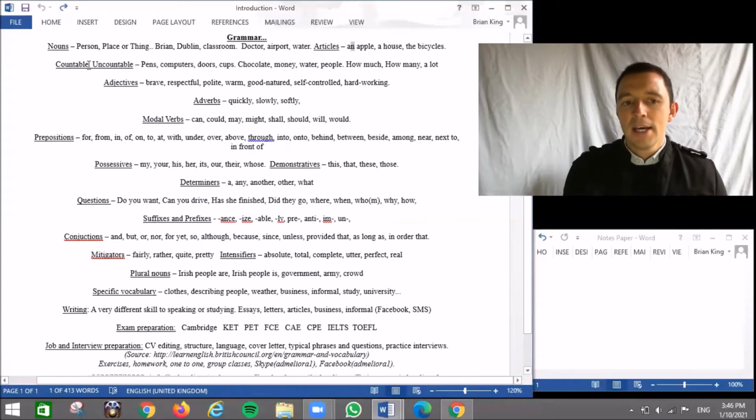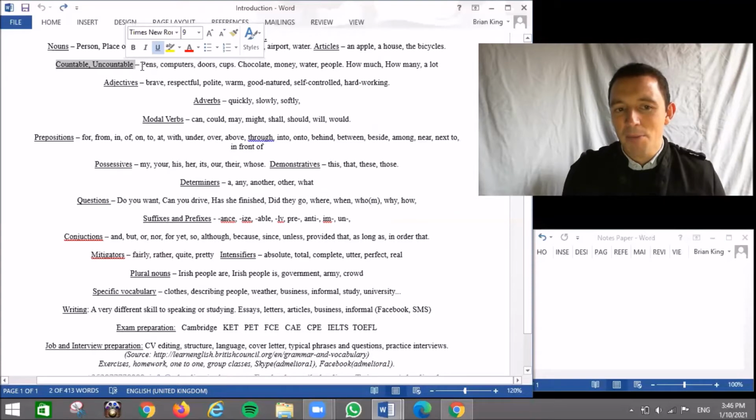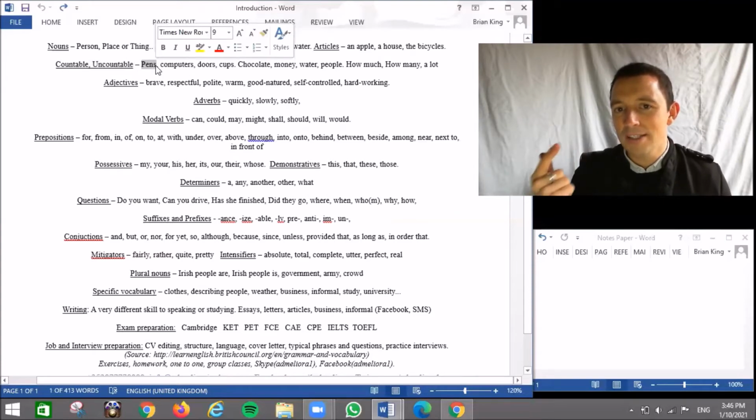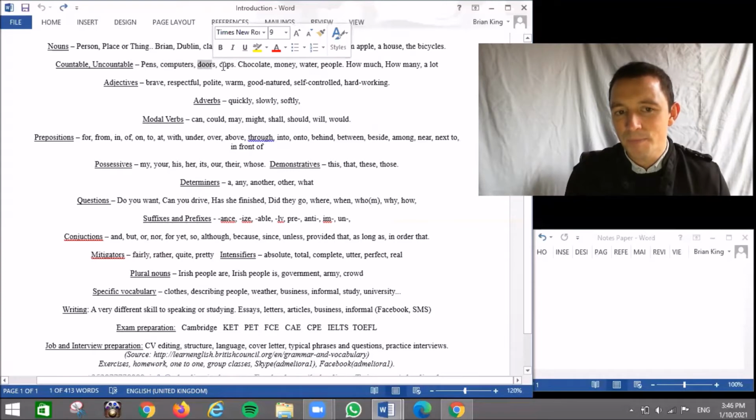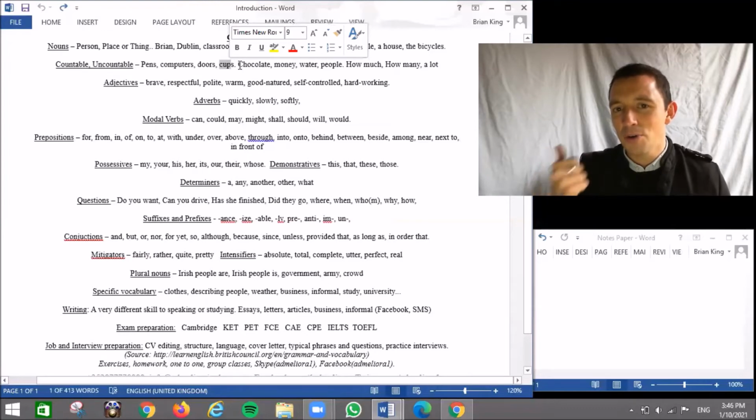Okay, countable and uncountable is very interesting. Por ejemplo, puedes contar bolis, sí, uno boli, dos bolis, tres bolis. Y computers, el mismo, puertas, lo mismo, cups, mismo, pero puedes contar chocolate? Creo que no. Uno chocolate.